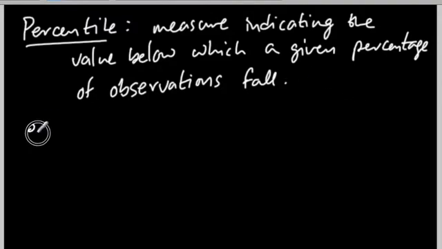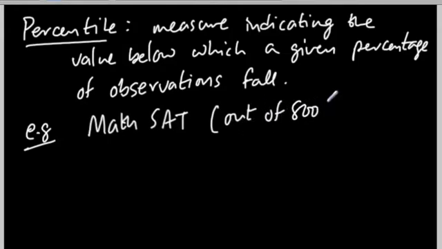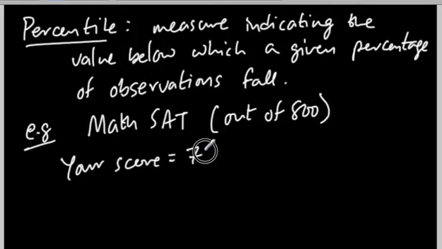So let me give you an example to help clarify that. Say, for example, you took the SATs, so let's say the math SAT, which is out of 800, I believe. You took the math SAT and your score on the math SAT is 720.